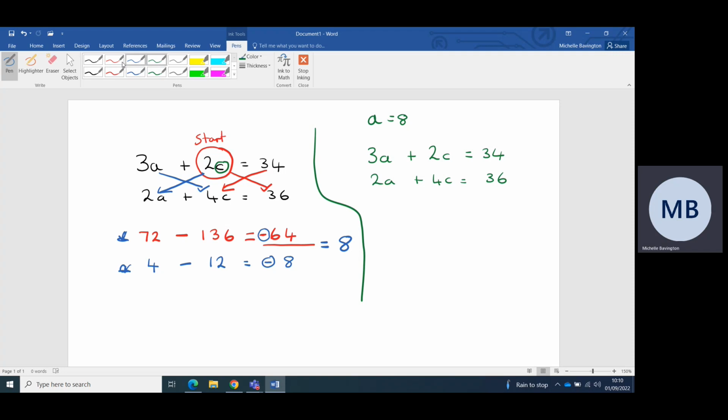Now, to find what C is, we can start here and go right across. So 34 times 2 is 68. Minus, always minus. We're doing exactly the same, but we're not starting from the middle now. We're starting from the end.